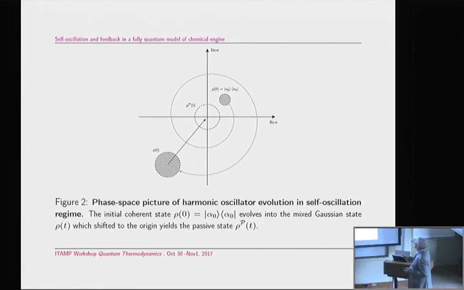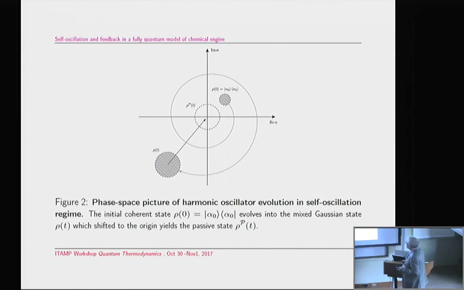If we start with a coherent state as an initial state for the oscillator, it still remains a Gaussian state and follows the classical trajectory of, say, an oscillator with amplified amplitude. So this is a spiral, and moreover, the width of this Gaussian state also grows exponentially.